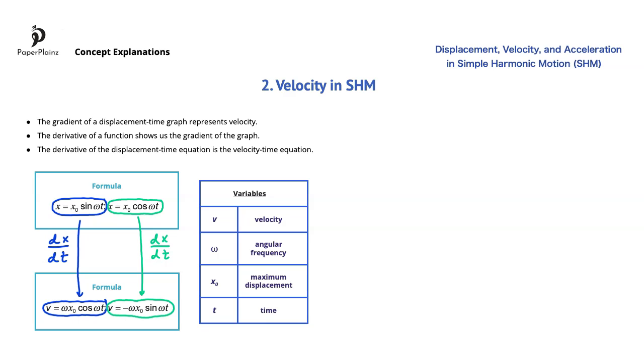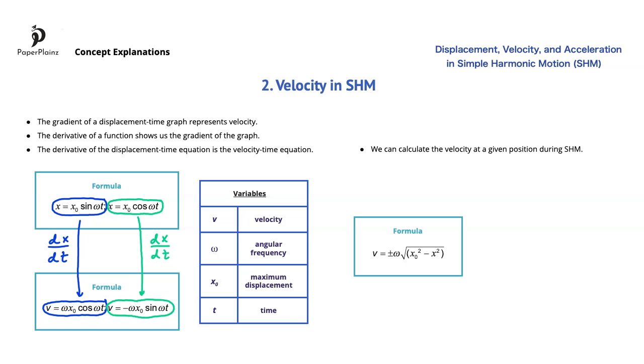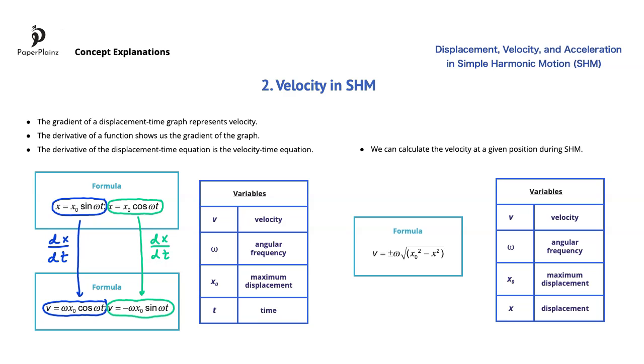In some cases, it might also be useful to calculate the velocity at different points during the particle's or the object's oscillations. There is a formula in the IB Physics data booklet that will help you do this. Here is the formula, and these are the variables. You see a plus-minus sign in front of the omega in the equation.